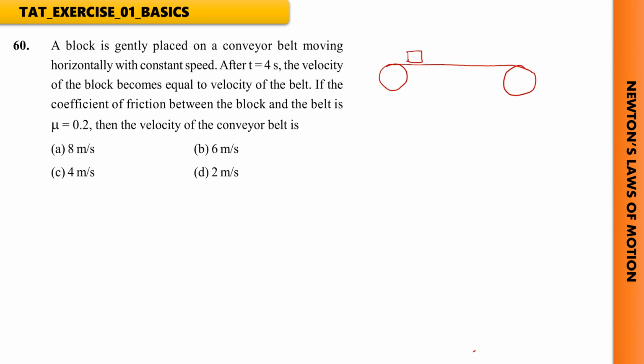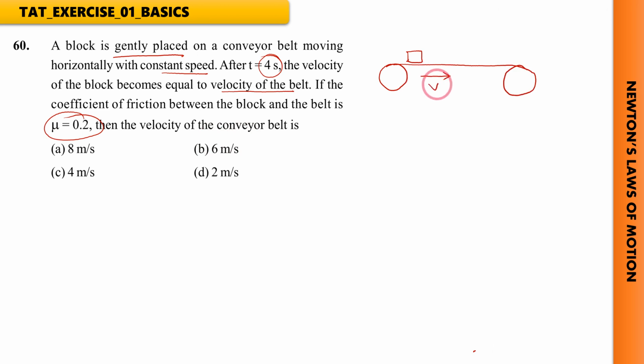In this question, a block is gently placed on a conveyor belt moving with constant speed horizontally. In 4 seconds, the velocity of the block becomes equal to the velocity of the belt. Find, if the coefficient of friction is 0.2, what is the velocity of the conveyor belt? Let the conveyor belt velocity be V initially.